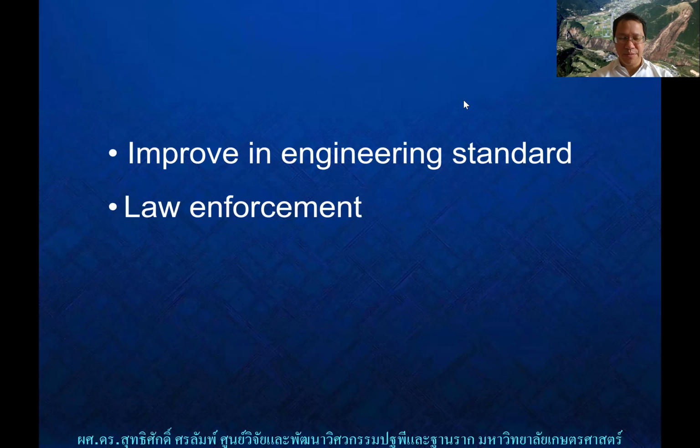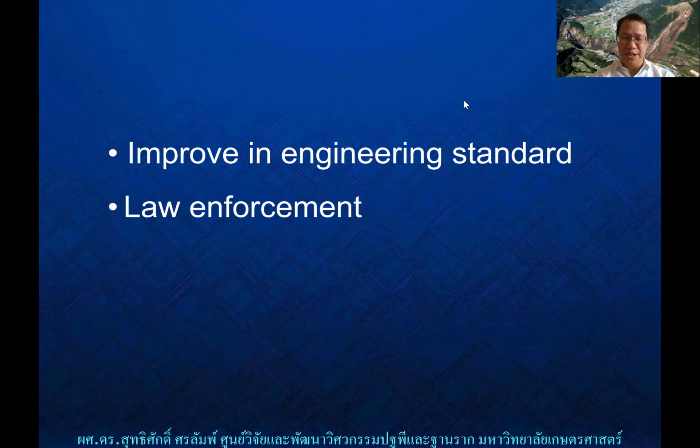So how can we mitigate, or how can we improve and prevent slope failure from human-made causes? There are two things. We need to improve the engineering standard for cut slopes. The standard needs to be in several levels, depending on the risk of loss of human life.